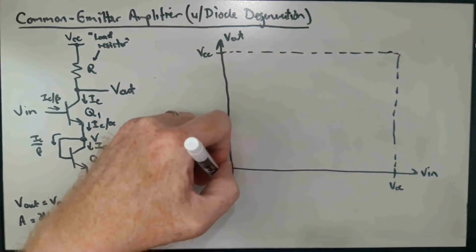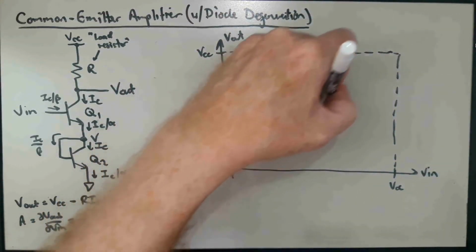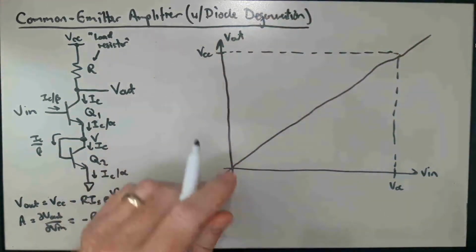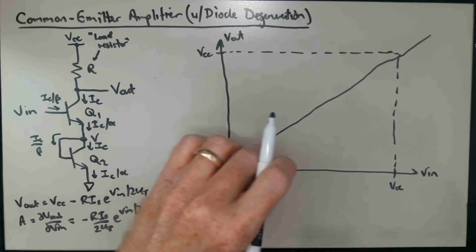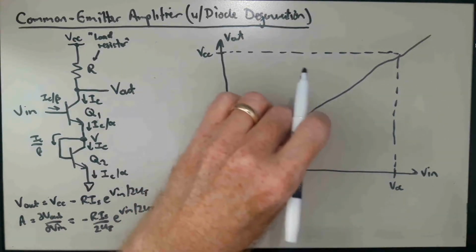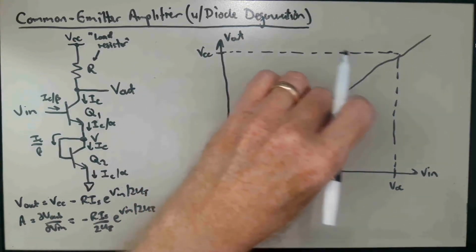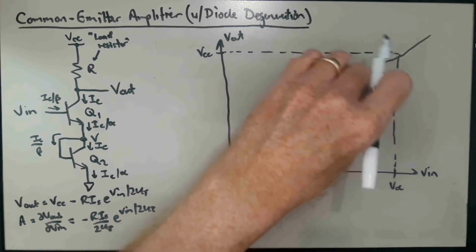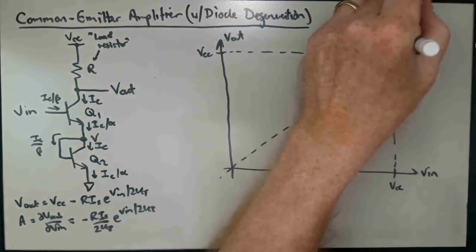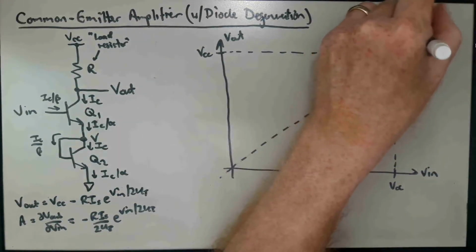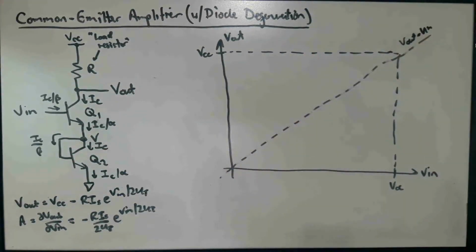And let's see if I can draw the identity line here. So this is the identity line, and I really probably wanted to make that a dashed line. Vout equals Vn with a slope of 1.